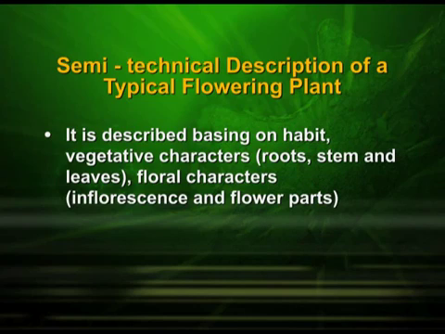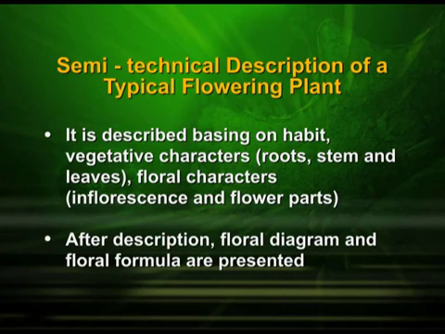It is described based on habit, vegetative characters, that is the root, stem and leaves, and floral characters, the inflorescence and flower parts. After description, the floral diagram and floral formula are presented.